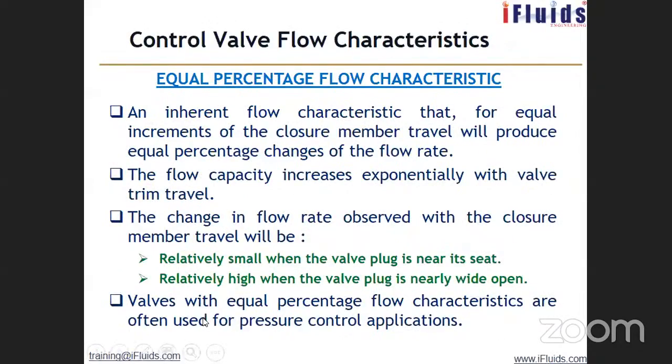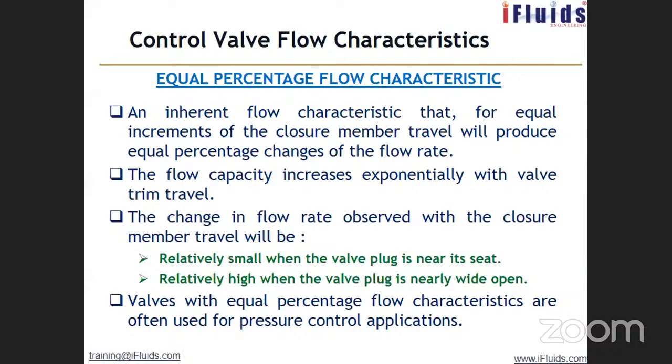So equal percentage results in exponential variation of the flow rate with respect to the valve opening. The change in flow rate observed with the closure member travel will be relatively small when the valve plug is near its seat, and relatively high when the valve plug is nearly wide open. So it varies continuously. It's not directly proportional, and in equal increments it is increasing.